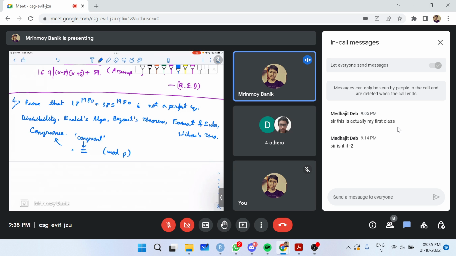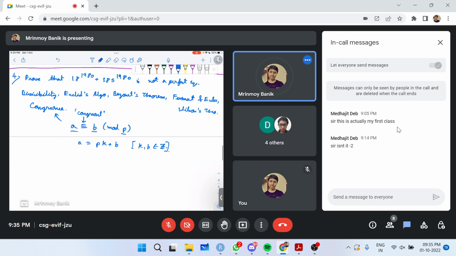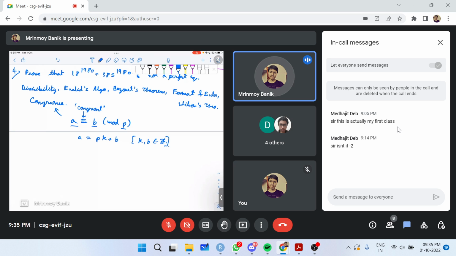A is congruent to B when A can be written as some multiple of p, k times p, plus B. Here k and b are integers, and b can be anything. So basically when you divide a by p, you get a remainder b and you write it in this fancy format. So that's what congruence is.